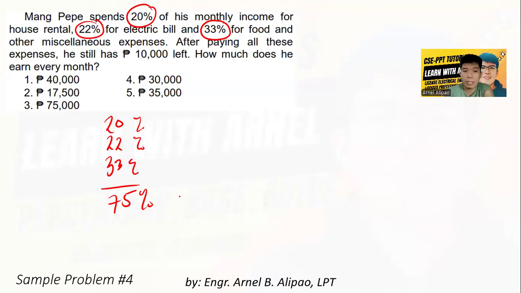Right? So this is for his expenses, right? And then what is left after paying all the expenses? He is left with 10,000 pesos. He has 10,000 pesos savings.